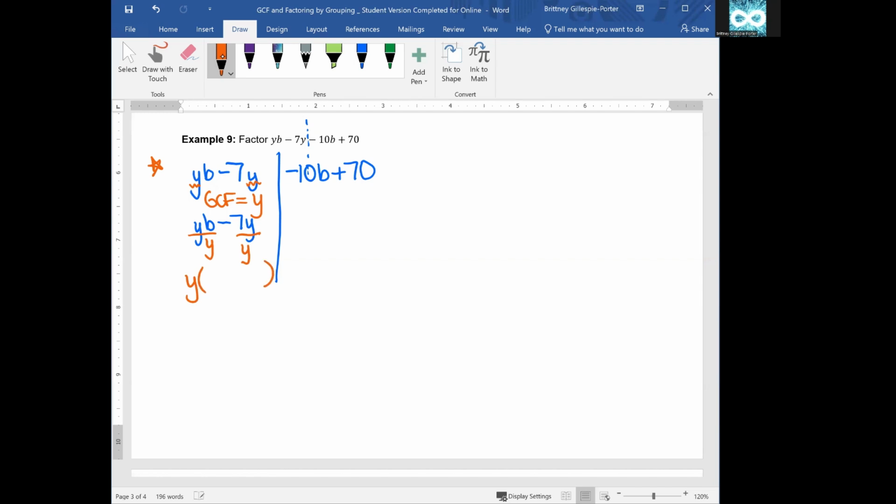And since we're taking out our GCF, we open up a new set of parentheses. yb over y, y's are going to cancel out to get b, carry down my negative. Y's are going to cancel on my 7y. So in the parentheses, I have b minus 7.